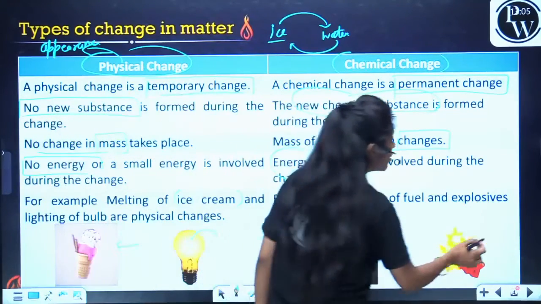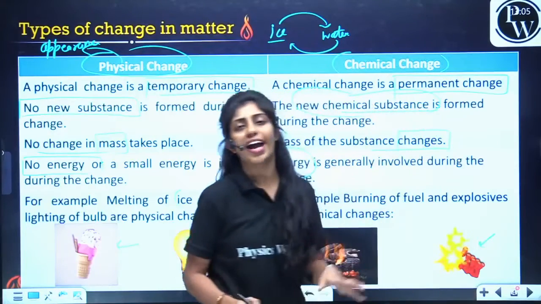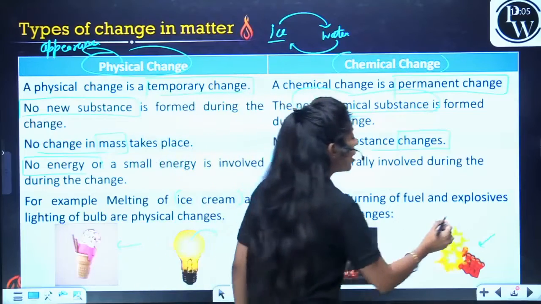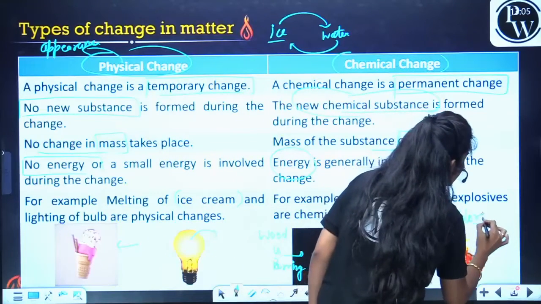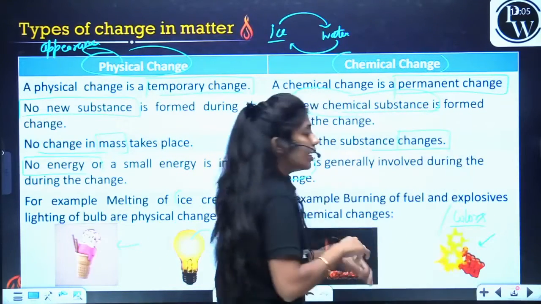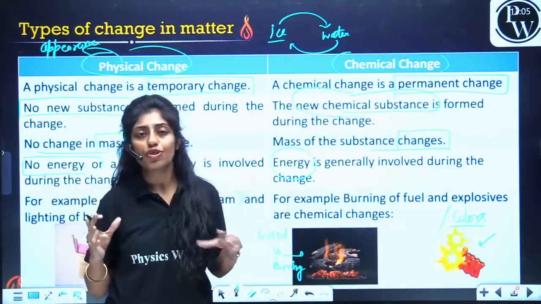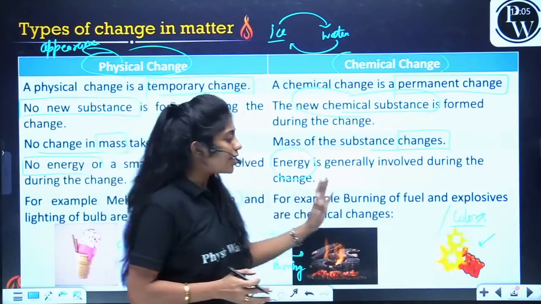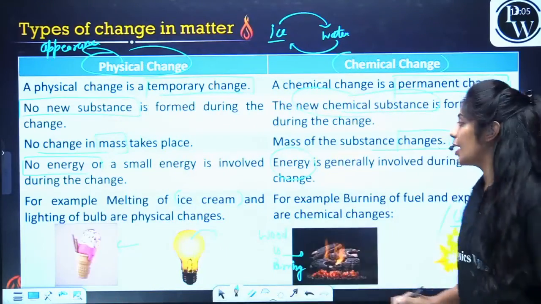And also here you can see these are firecrackers. When a firecracker bursts, it shows different colors. They also release a large amount of energy, which is a characteristic of a chemical change. So these are the examples of physical and chemical change.